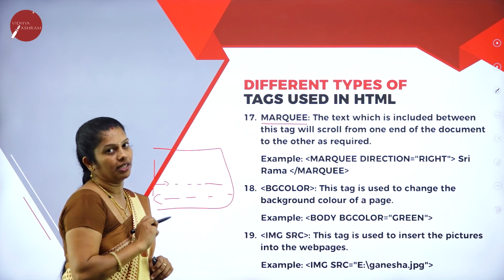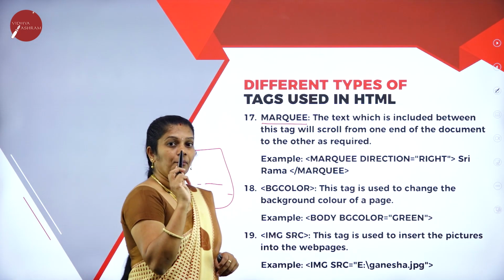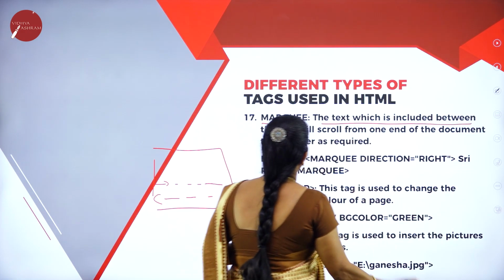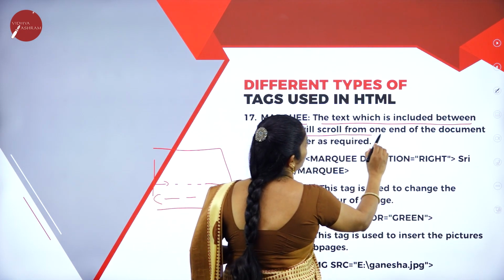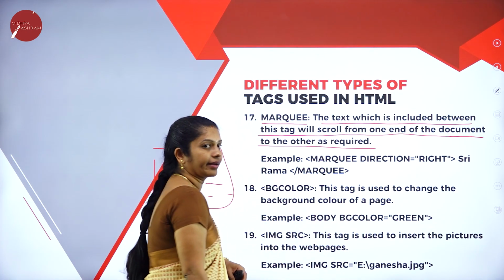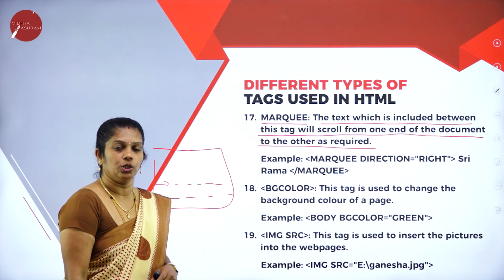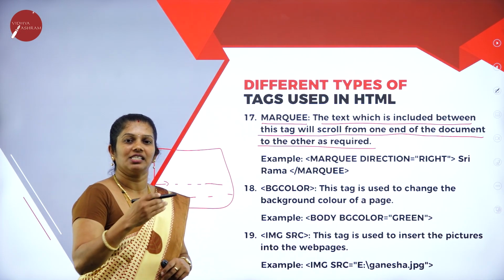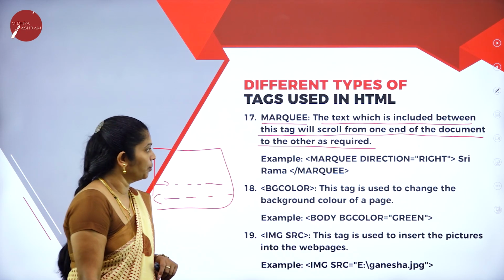That also here it is possible with the help of Marquee direction tag. The text which is included between this tag will scroll from one end of the document to other as required. On whichever direction you want, on that direction we can move the text, pictures, anything we can move on your document.